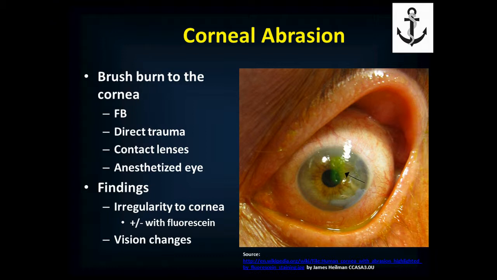If you look at this picture, the arrow points to where the fluorescein has been taken up, and part of that is over the pupil. So the eye is seeing that and trying to focus on it, so you get blurry vision. And because the eye is trying to focus on this thing just a few millimeters from the pupil, the ciliary muscles which control the iris can go into spasm and cause a lot of pain.